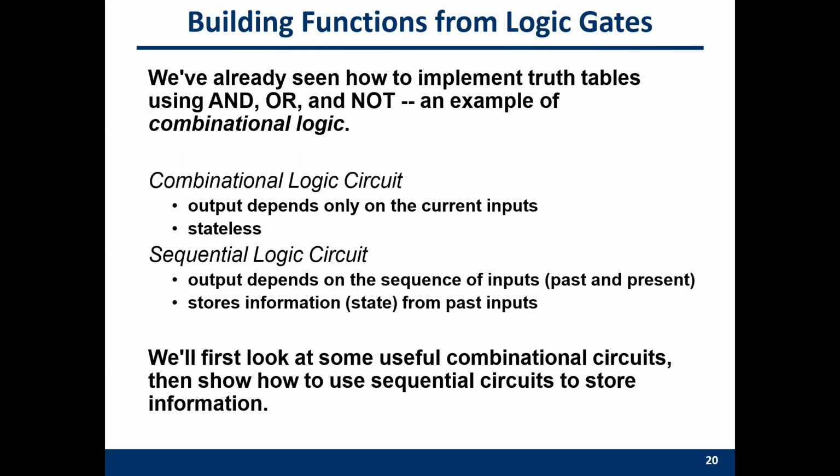Now we have some logic gates, AND, OR, NOT. So how can we build some combinational logic, more complex logic circuits, and even sequential logic circuits? I will explain this in the following slide.